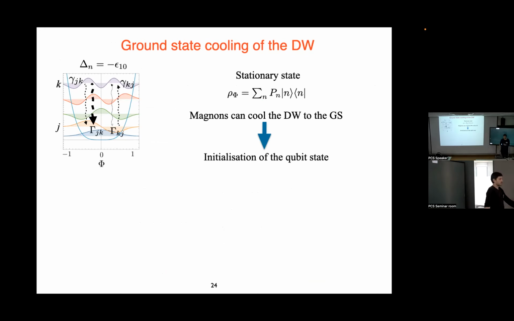So now, we introduce kind of the machinery, and now can we actually start doing something useful? So first of all, in the stationary state, we find that rho phi is diagonal in the domain wall states, where Pn are the highly non-equilibrium population of the domain wall level.